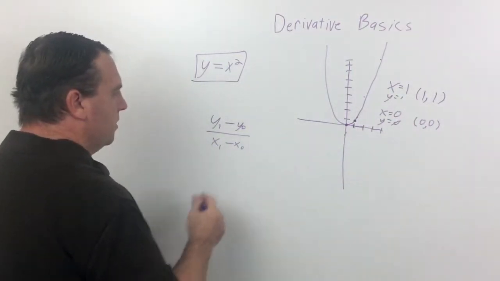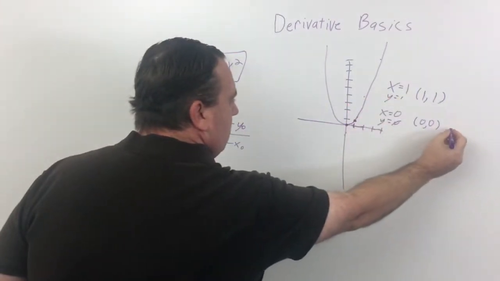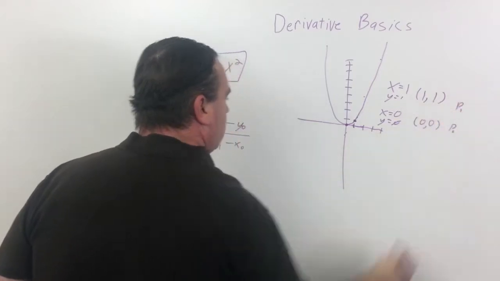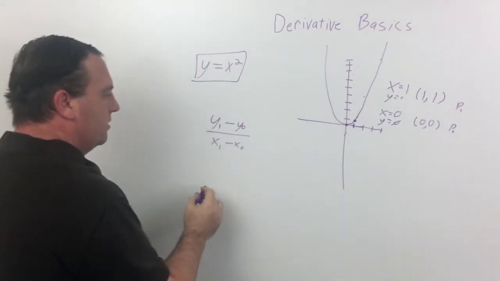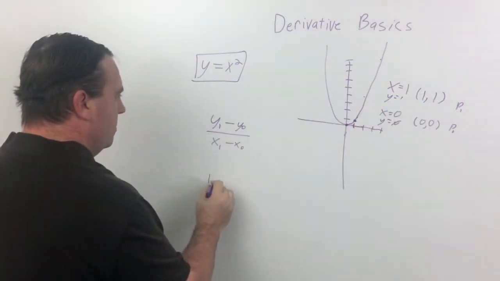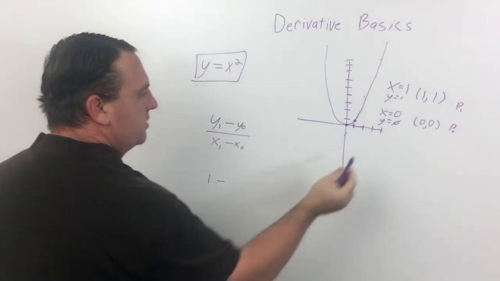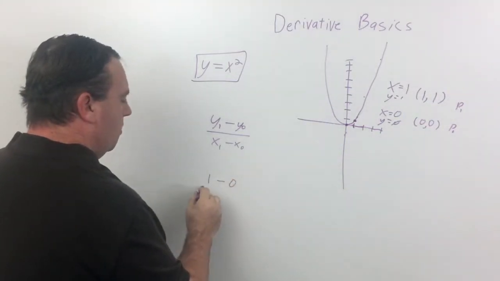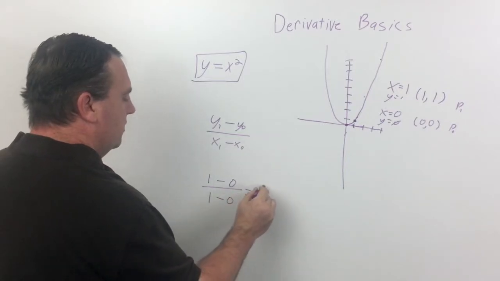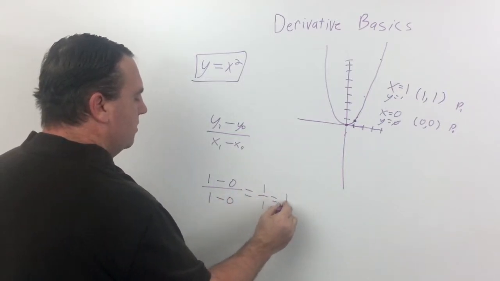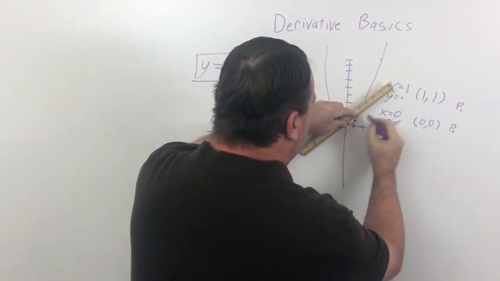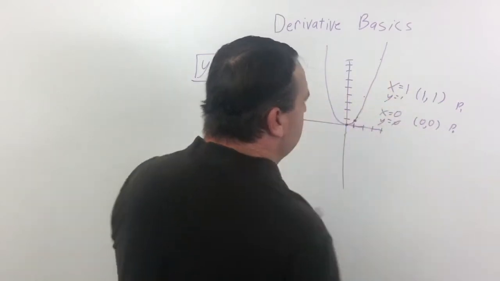We'll take this as our point 0, and this is our point 1. So the way we calculate this, y1 is that one, so 1 minus y0, that's 0, over, again, 1 minus 0. It's equal to 1 over 1, which is 1. So the slope between these 2 points is 1.